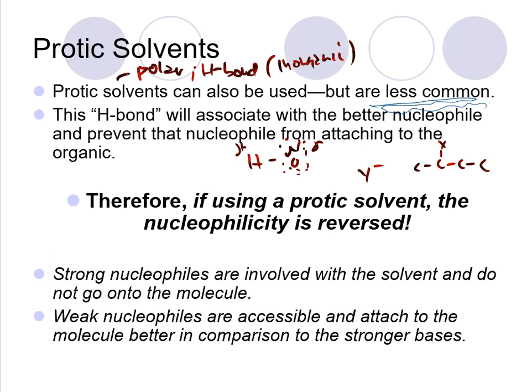So that means that this nucleophile has to work itself through all of that solvent in order to get to this organic molecule. It's going to be very difficult. The reason it has to work itself through the solvent is because it's polar. There's hydrogen bonding involved. That hydrogen bonding is going to interfere.